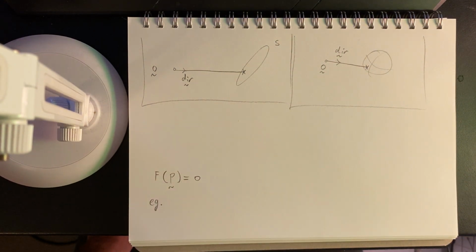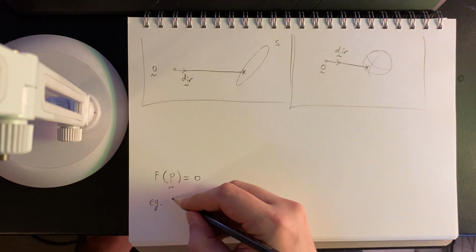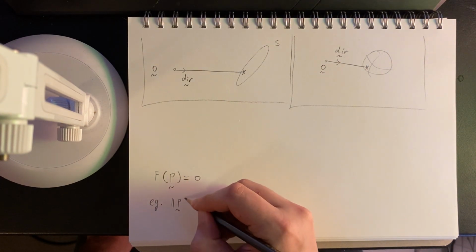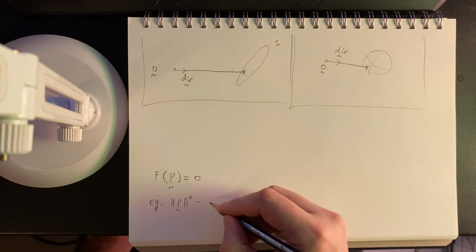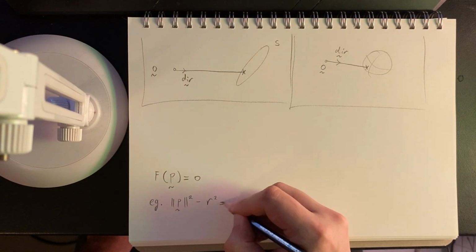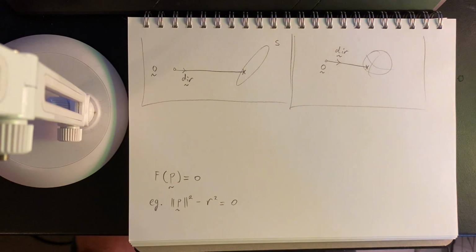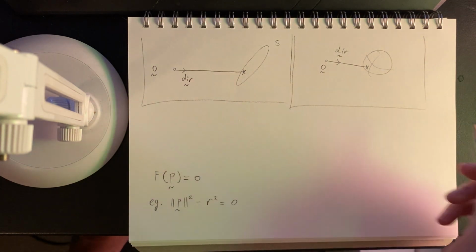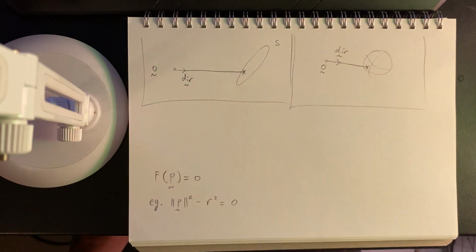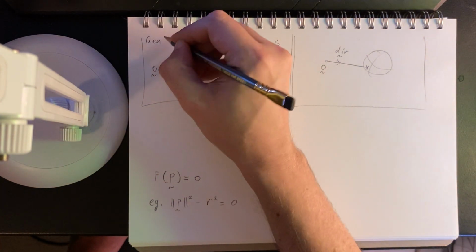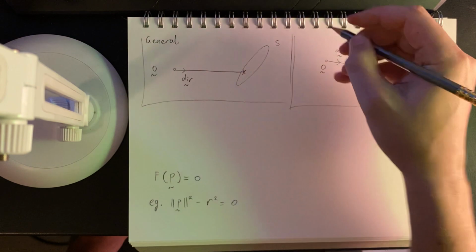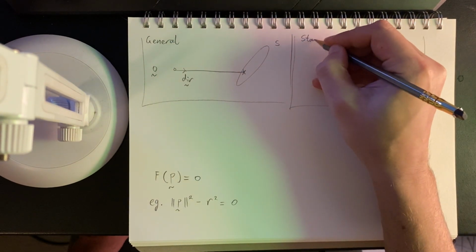For instance, on the sphere, that is the square magnitude of the point from the origin minus the radius squared equals 0. So that's what we have to solve. And then we can look at these two cases as being the same. I'll call this the general case, and I'll call this the standard case.